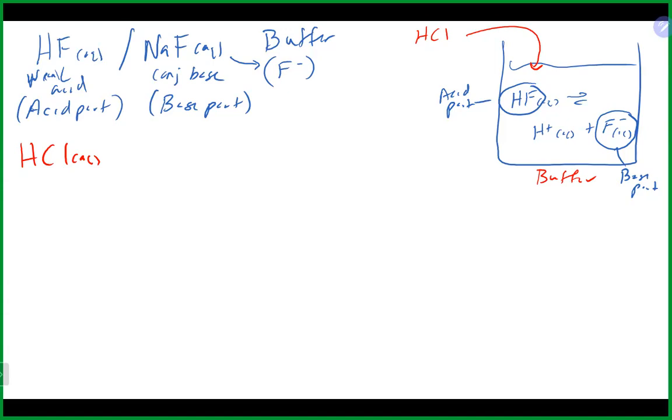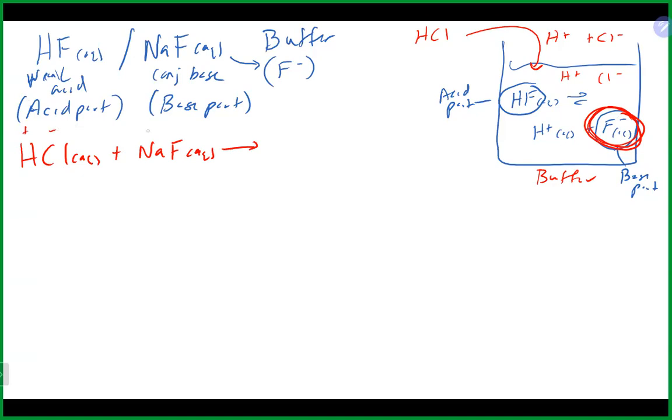When we add that HCl in, the HCl is really a source of H plus and Cl minus. So we have our H plus coming in and our Cl minus. It is going to react with the base part of the buffer, which is the F minus. This is going to be a double displacement reaction.